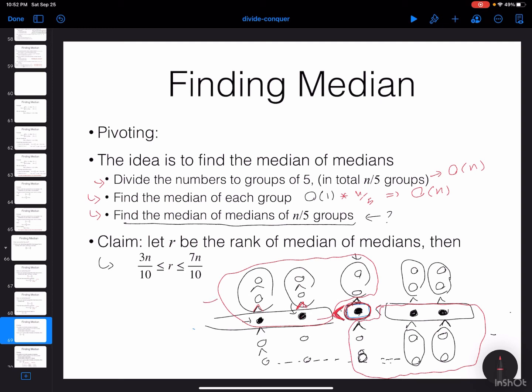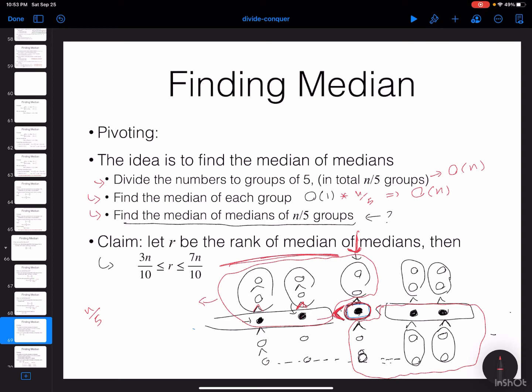So how many items do I have here? How many groups do I have? I have n divided by 5 groups. So if this is the group that contains the median, this part is going to be half of those n divided by 5 groups.